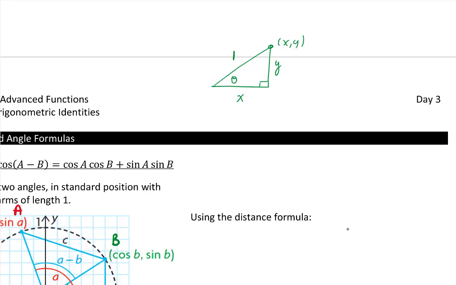Focusing on angle theta, cosine theta, which is adjacent over hypotenuse, is x over 1. So the x coordinate is equal to cosine theta. Doing the same with sine theta, which is opposite over hypotenuse, sine theta is equal to y.